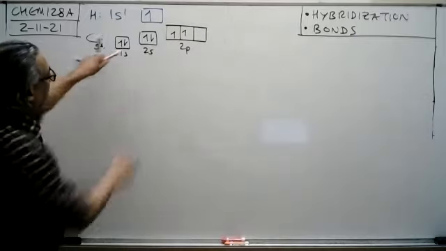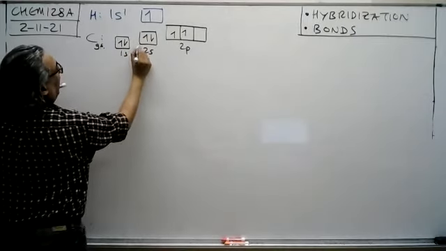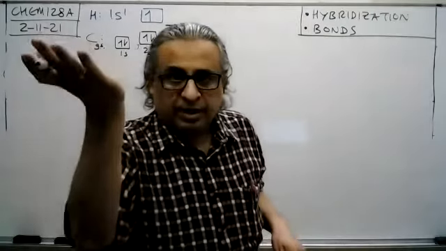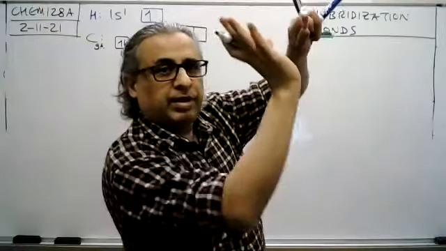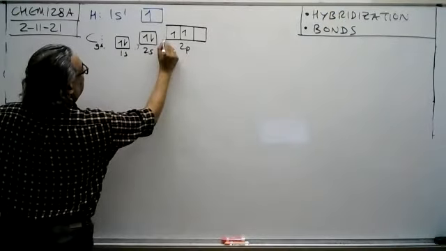See how I raise it a little bit. There is a level gap, right? That means 2s is higher energy than 1s. 2p is greater energy than 2s. Okay, there is a difference.